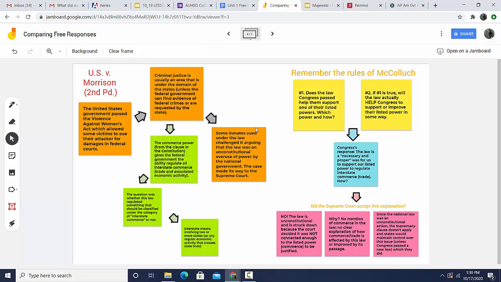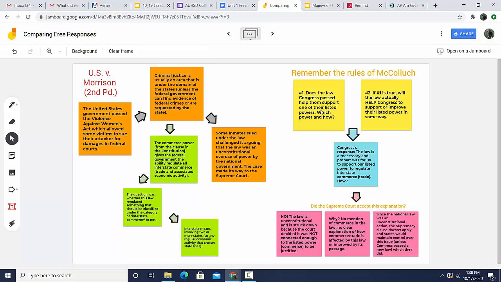And, of course, that means we have to apply the McCulloch ruling to it. Does the law Congress passed help Congress support one of their listed powers? Which power and how? And then again, number one, is it not just connected, but is it actually supporting or improving Congress's power? Well, Congress's response: the law is a necessary and proper way for us to support our regular listed powers to regulate commerce.